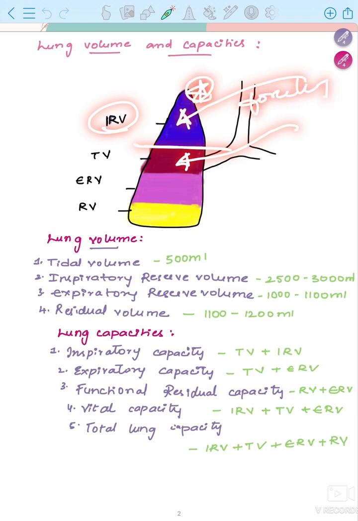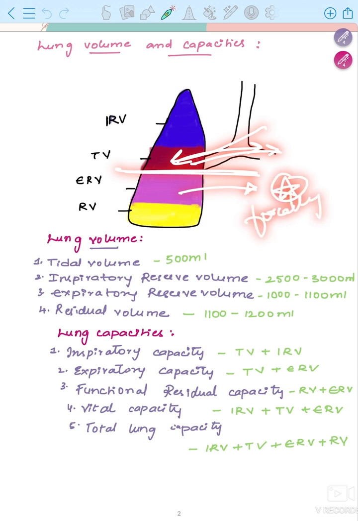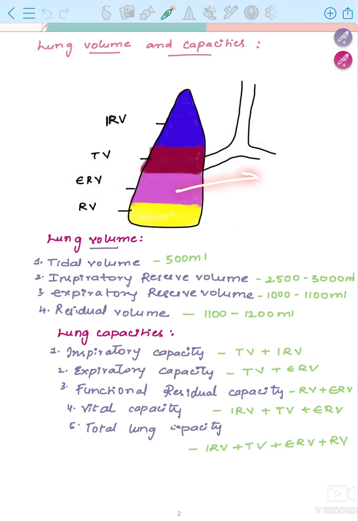After normal expiration, the volume of air expired forcefully is expiratory reserve volume. After forceful expiration, the volume of air remaining in the lung is residual volume.